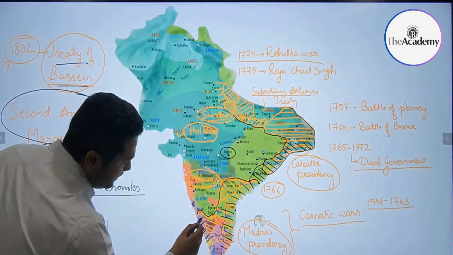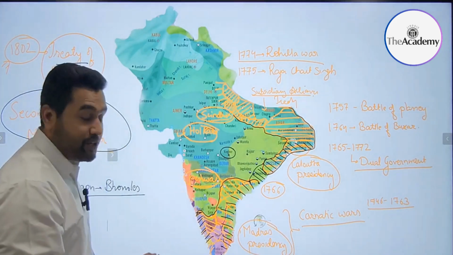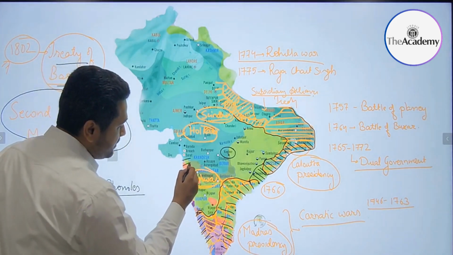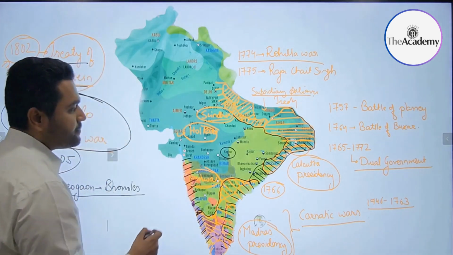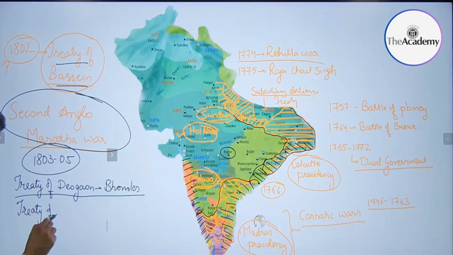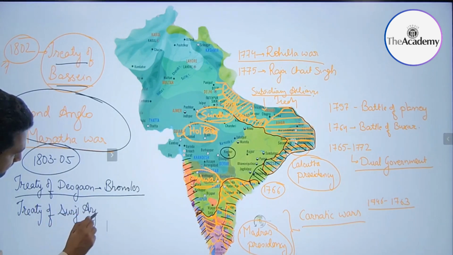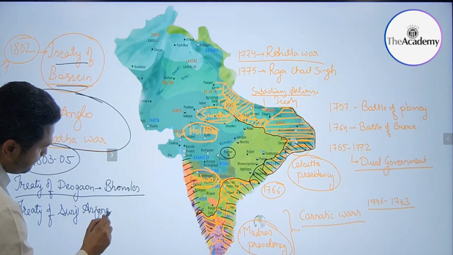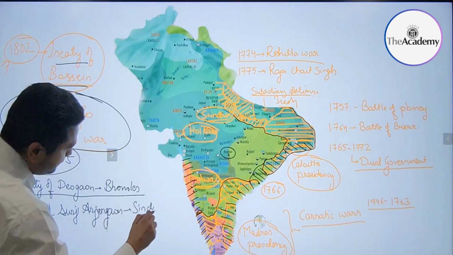Malabar was already under their control. Now the Peshwa, who had signed the Subsidiary Alliance, had also effectively given away the western coastline. The Treaty of Surji-Anjangaon was signed with the Scindias.